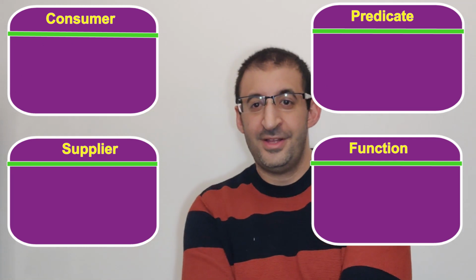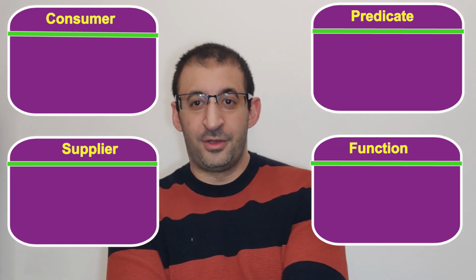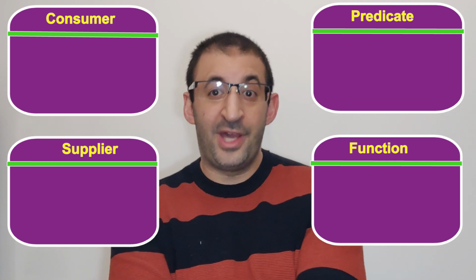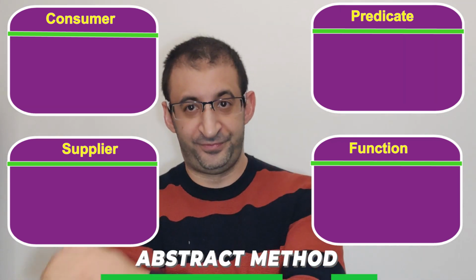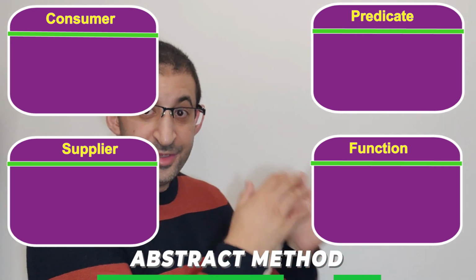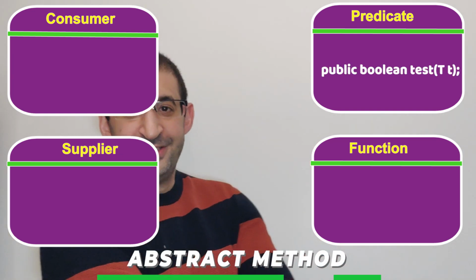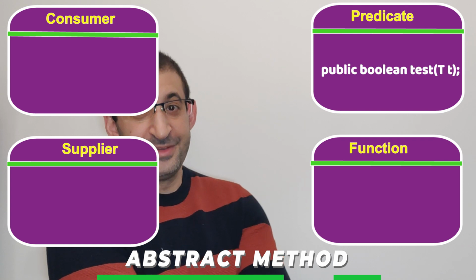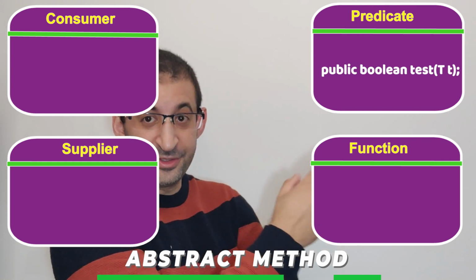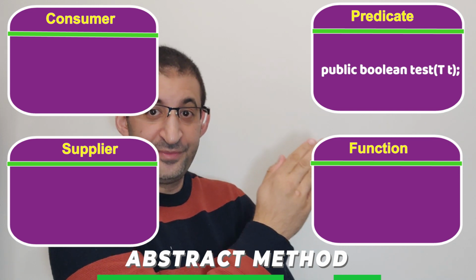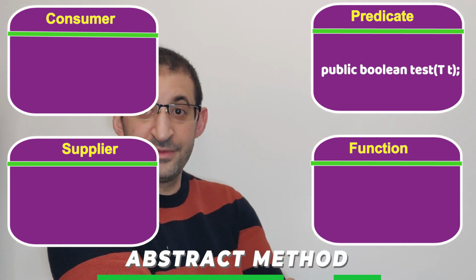Now we'll talk about the abstract method. There is only one abstract method in each interface. For Predicate, remember, it is test: it returns boolean, and we give it a T-type value.